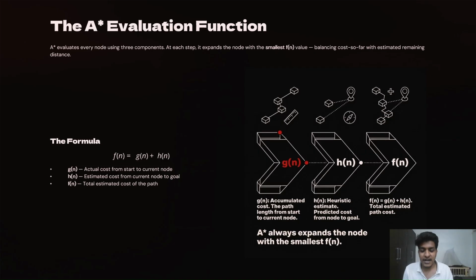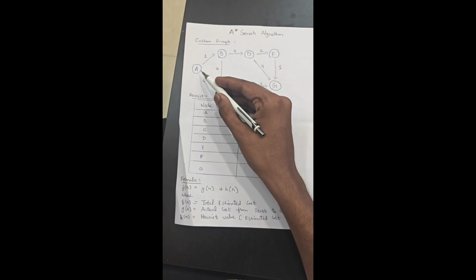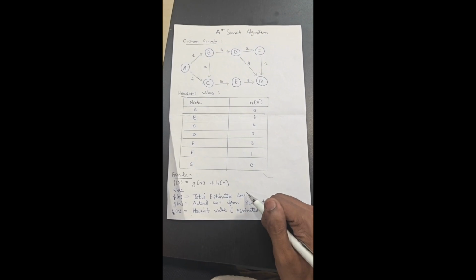So let us construct a graph and perform the problem. This is the graph used for the demonstration of the A-star search algorithm. A is the start node and G is the end node. The numbers on the edges represent the cost between two nodes, and the numbers associated with the nodes represent the heuristic values used by the A-star search algorithm for this problem.